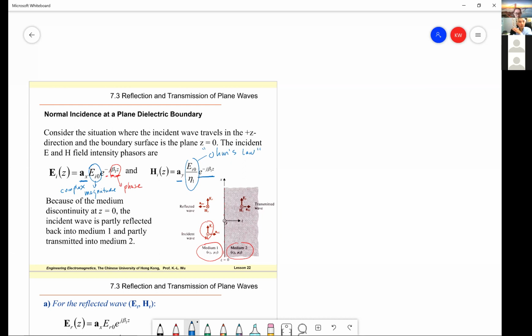We learned for a plane wave, we follow the right-hand rule: from electric field, to magnetic field, then pointing to the direction of propagation. This is always the case when you describe a plane wave.